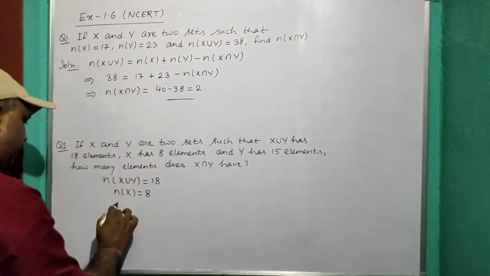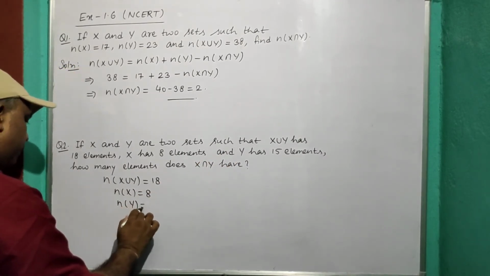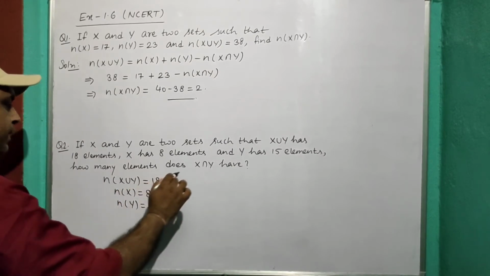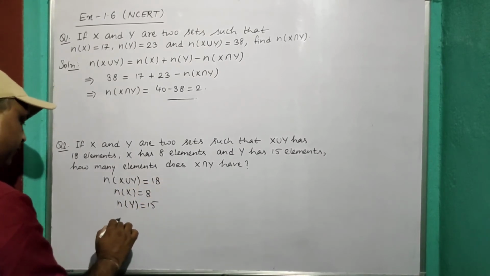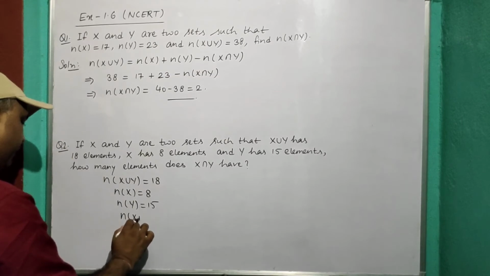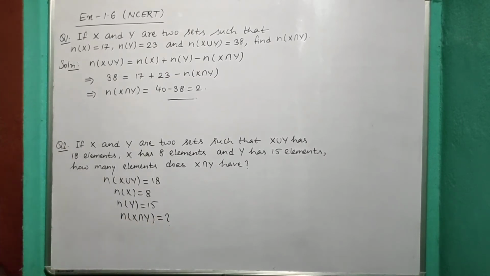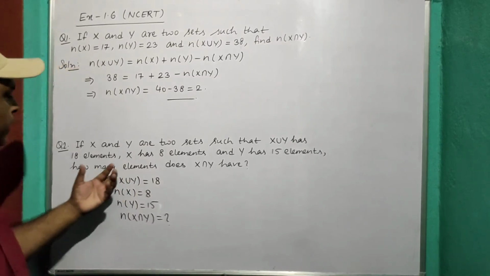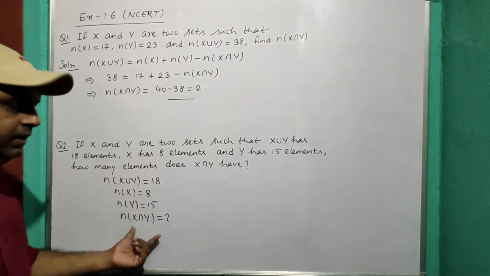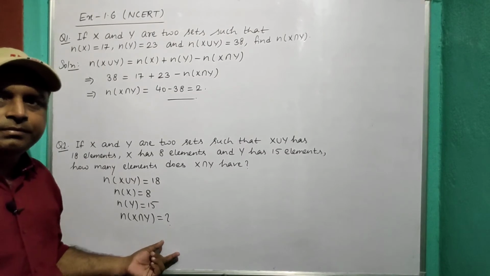Y has 15 elements, so nY equal to 15. How many elements does X intersection Y have? It means you have to find X intersection Y. So observe that both question 1 and 2 are the same problem. So I think you can very easily solve this one.